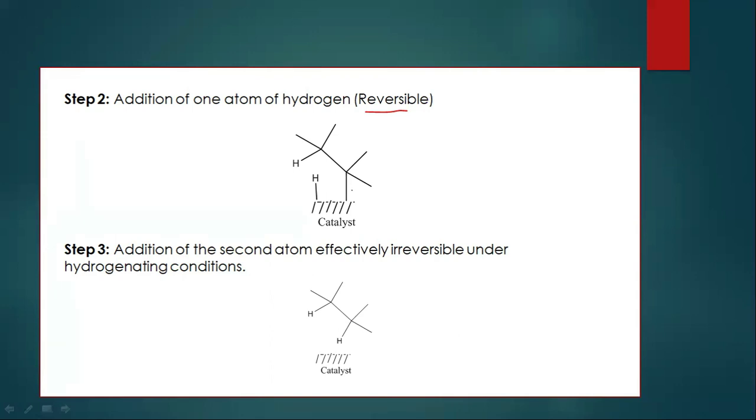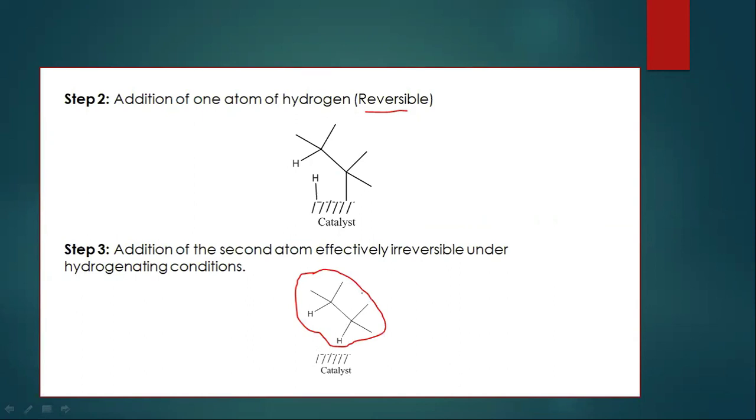With the cleavage of this, there will not be any interaction between the catalyst surface and the reducing substrate. The hydrogen atom is transferred and a new carbon-hydrogen bond has been established over this particular carbon. Now this alkane is formed, and this process is irreversible because there will not be any interactions between the catalyst and the alkane.